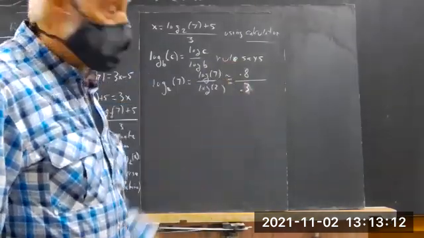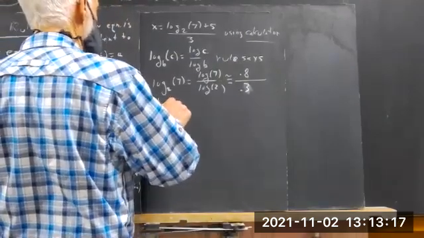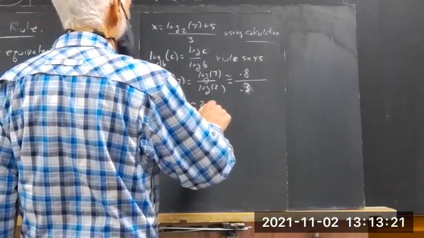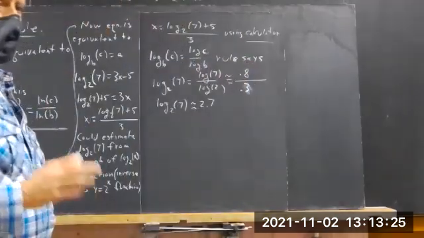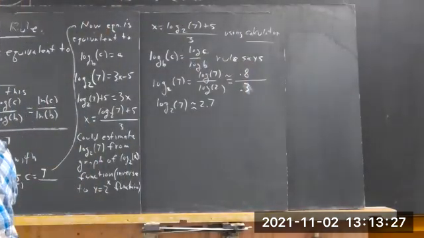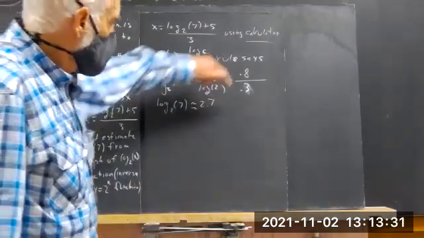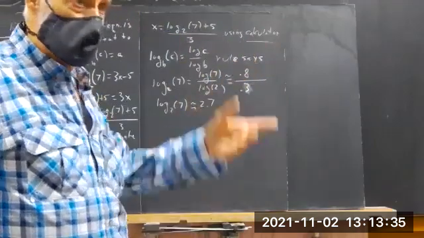But let's, using this approximation, log base 2 of 7 would be about 2.7. 3 goes into 8, 2 2/3 times, 2.66 repeating. So it rounds off to 2.7. Now you usually want to use more decimal places here, so I'm just writing out a single decimal place.